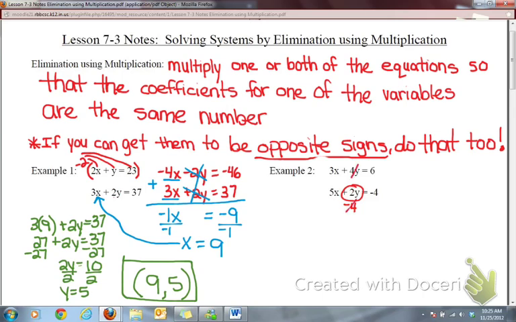So that's what we're going to do. Let me erase some of this, getting ahead of myself. We're going to multiply the entire bottom equation this time by -2, and we'll distribute that, but the key here is that it's going to give me a -4y that will cancel with the positive 4y and eliminate the y's.